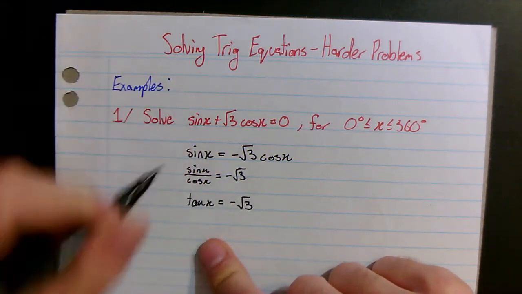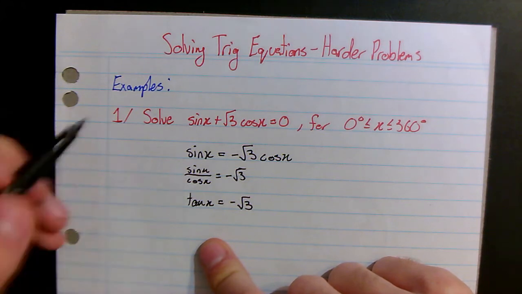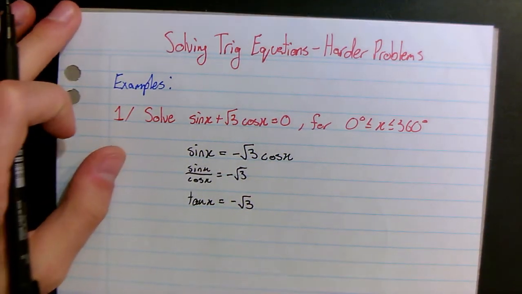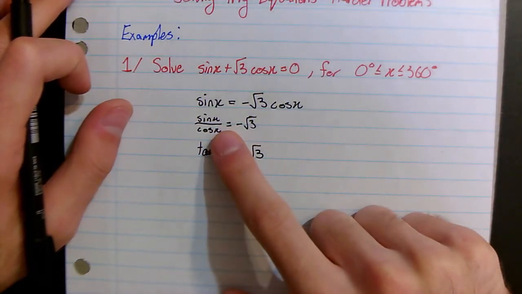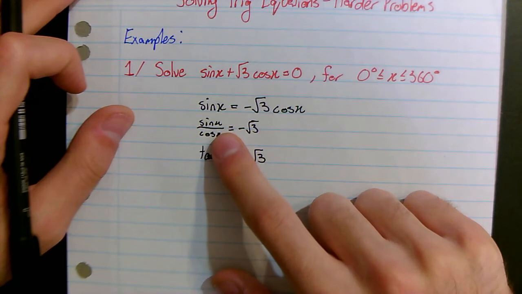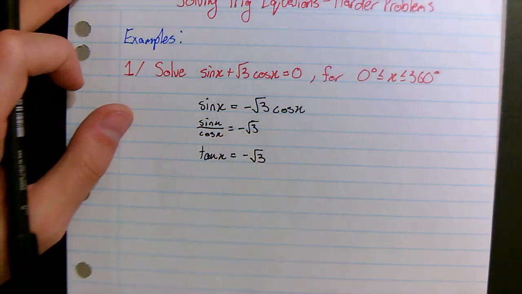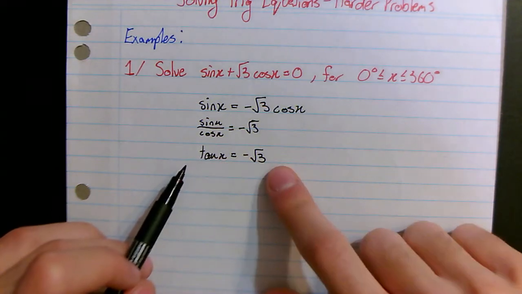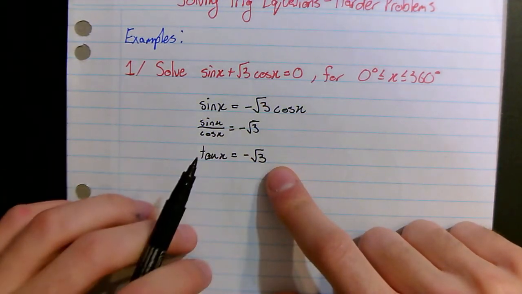If you're unfamiliar with this, I highly suggest you take a look at my video on the trigonometric identities, but we should be confident in these trig identities if we're up to solving trig equations. And now once we've gotten tan x equals negative root 3, it's pretty simple.